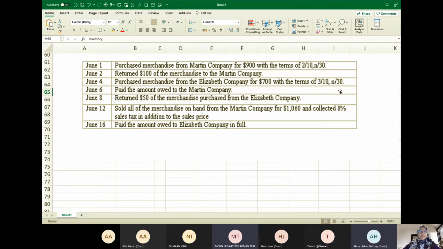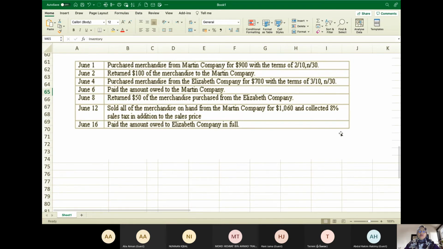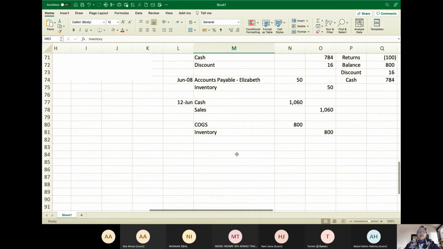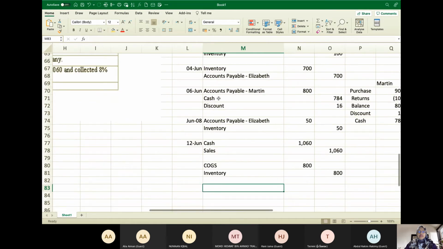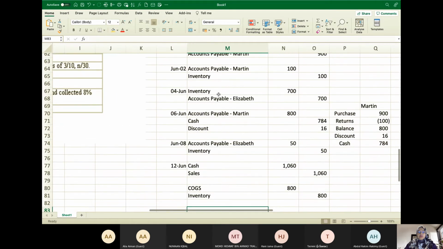After. So is there a discount? No discount, right? But remember that for Elizabeth, you have purchase returns here. So you have to take into account how much is the balance owed to Elizabeth. So it means that you're going to make payment to your, where is it?